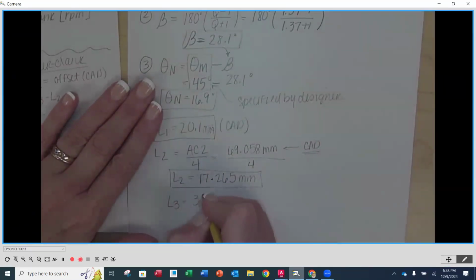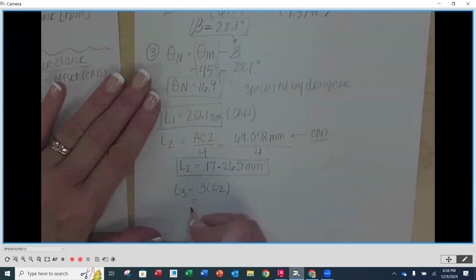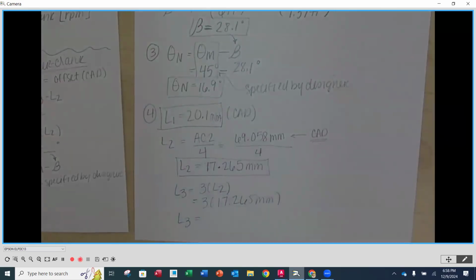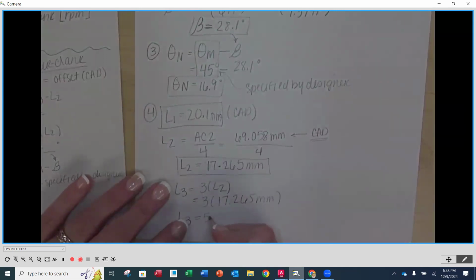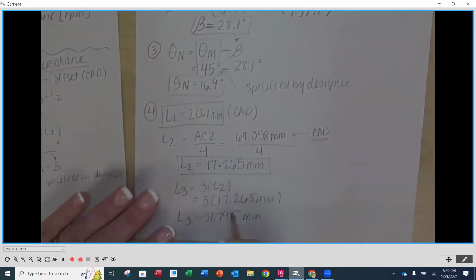L3 is going to be 3 times L2. So if we do that, it's going to be 3 times 17.265 millimeters. And L3 is going to be 51.795 millimeters.